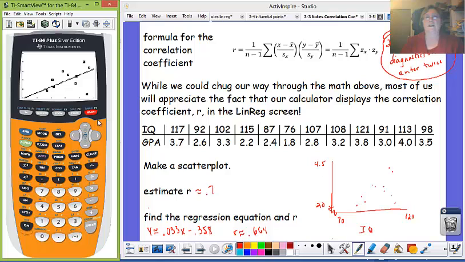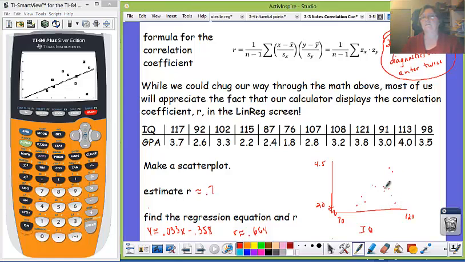So the value of R tells us that we have a fairly strong linear correlation. 0.7 is positive, so our slope is positive on this line. And we have some points that are far from the line, but still a positive and fairly strong correlation.